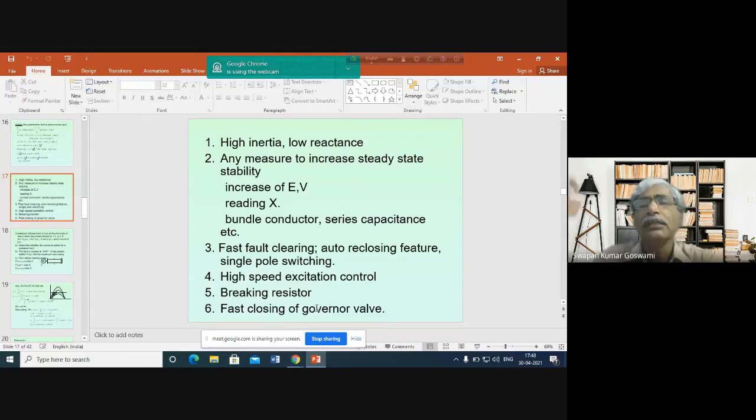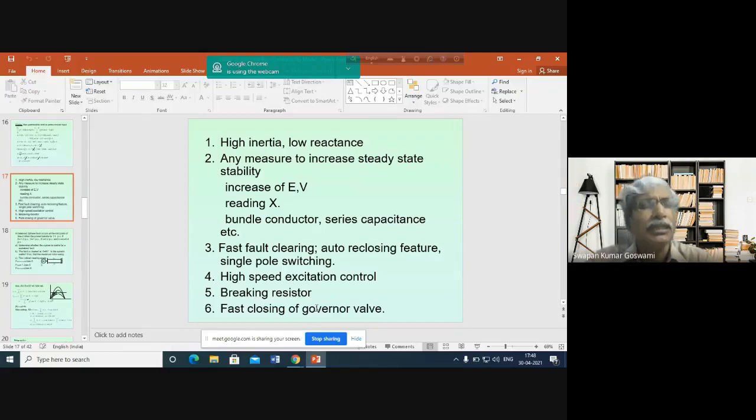But nowadays, when HVDC lines are not used, there are FACTS devices available. These FACTS devices are again power electronic controllers. They are used in AC lines, AC systems, and through the use of this power electronic based controller, you can employ fast control of power also.